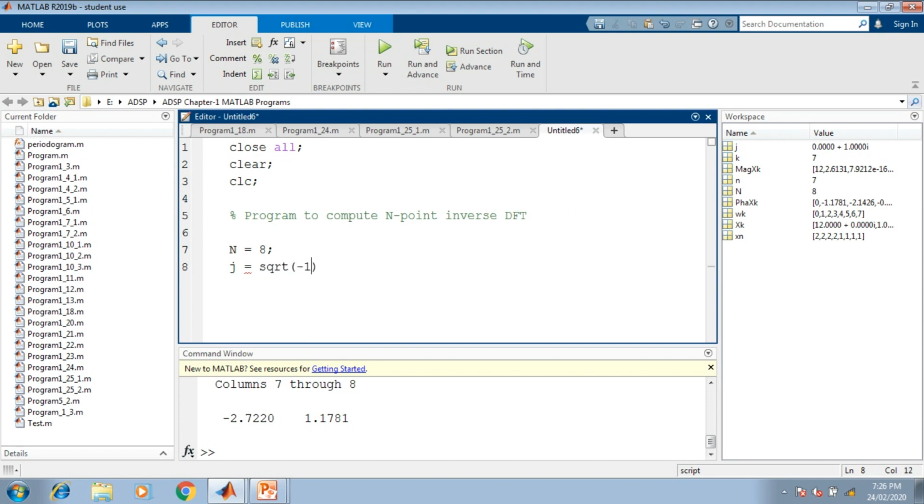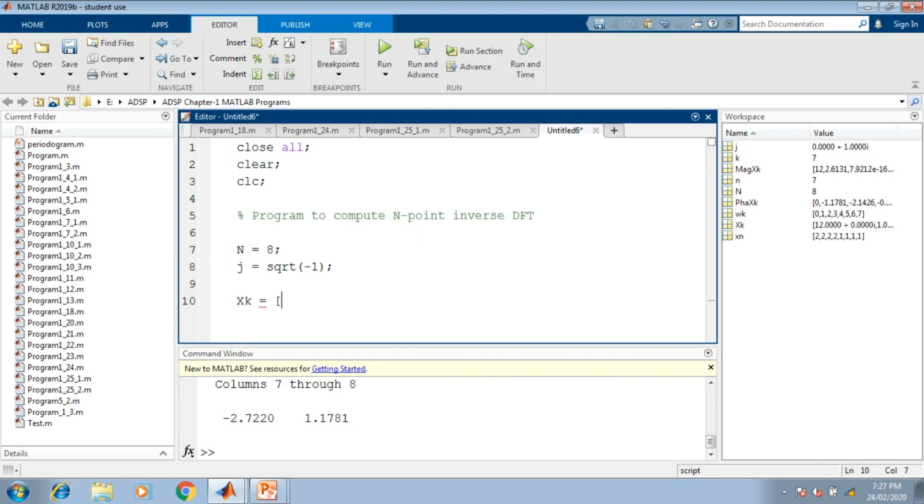Now we have to generate the input and also declare the variable to hold the output. This time, as we are working with the inverse DFT, the input shall be in the frequency domain, so the usual practice is to use capital X k, the variable we generally use to represent the frequency domain DFT signal information.